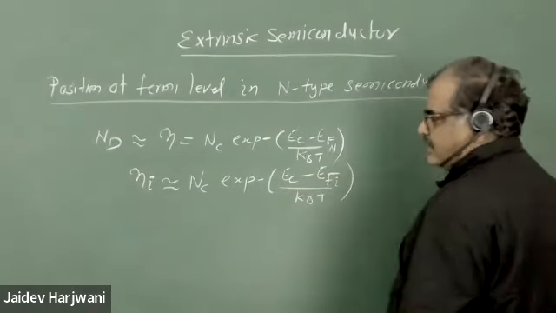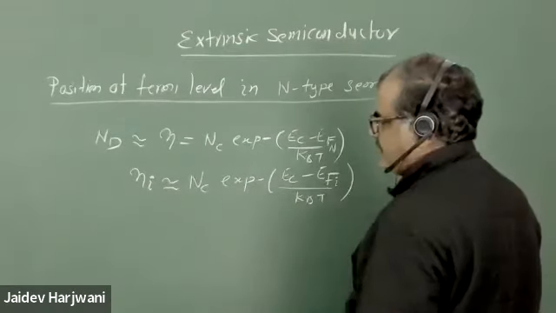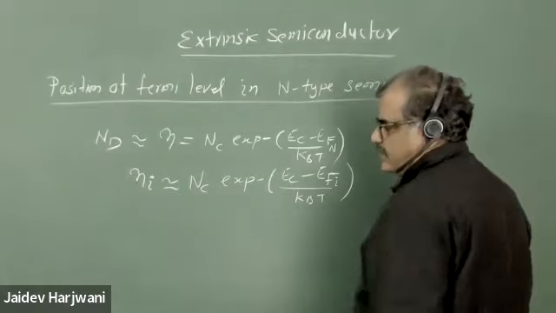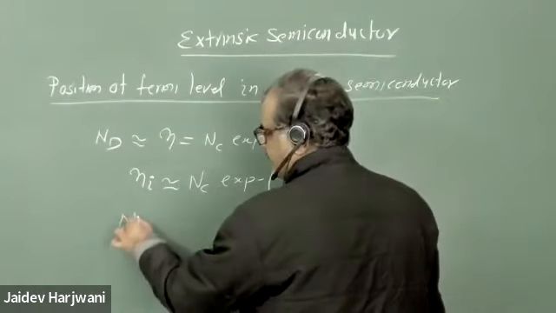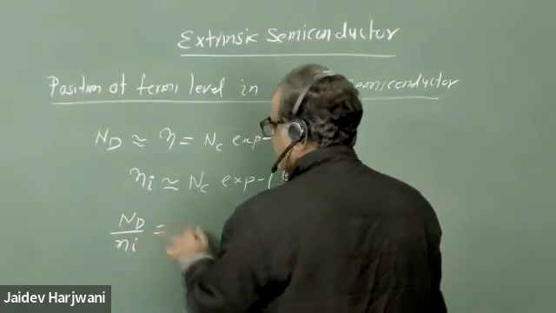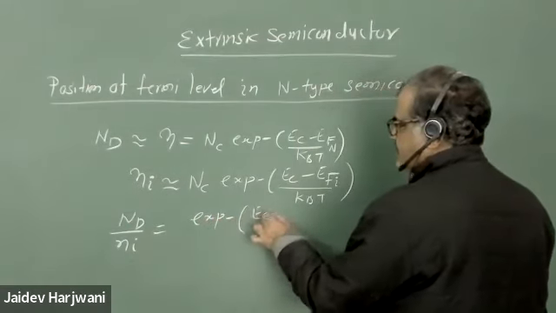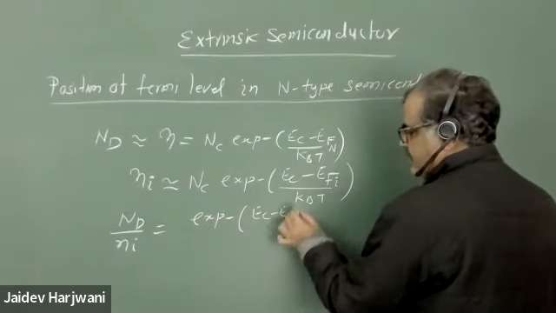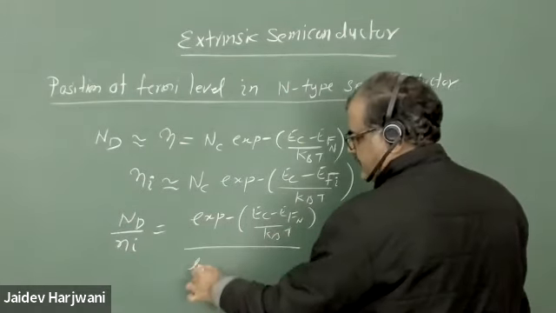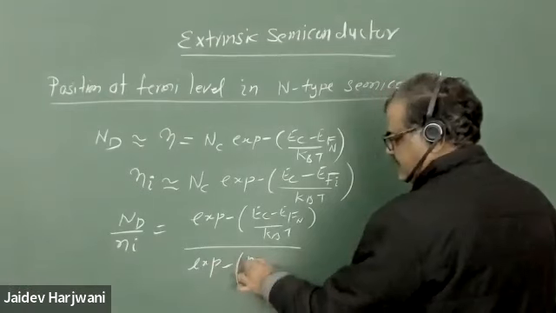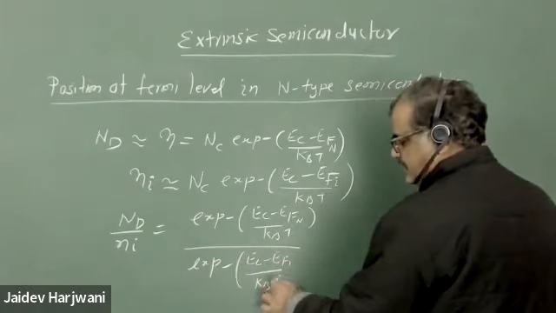Now I can use this expression to calculate the concentration again. So I can find the ratio Nd by Ni. If I find the ratio of Nd by Ni, it will give me exponential of minus Ec minus EFN by kBT upon exponential of minus Ec minus EFI upon kBT.